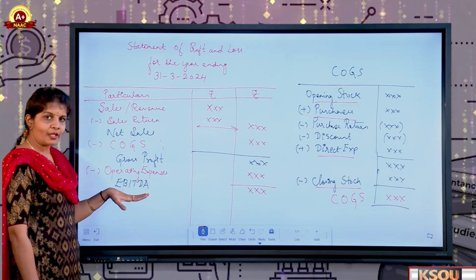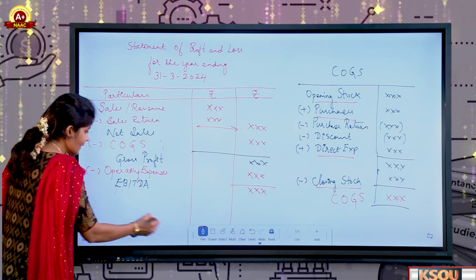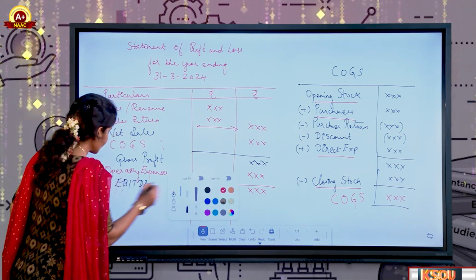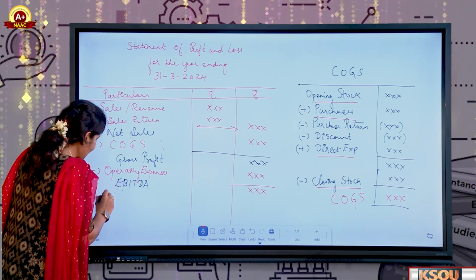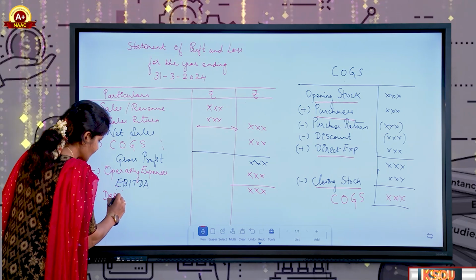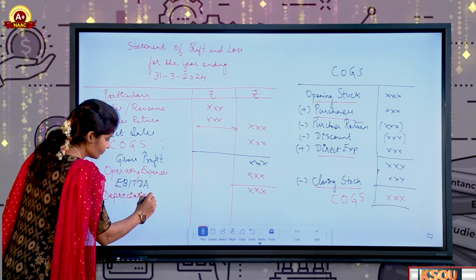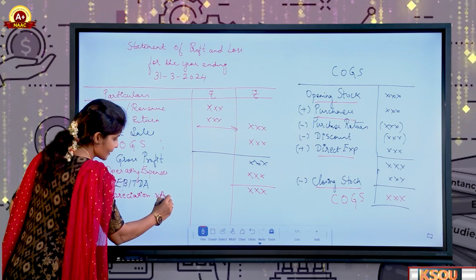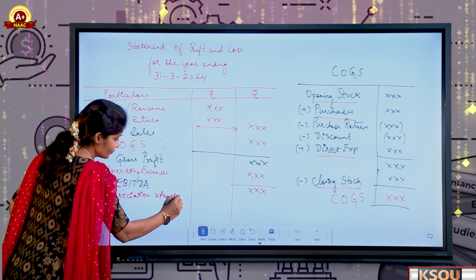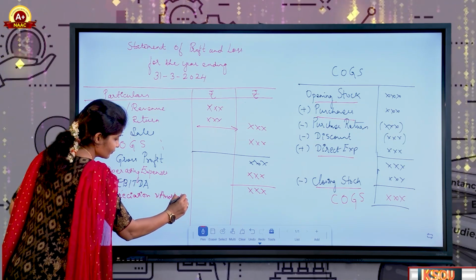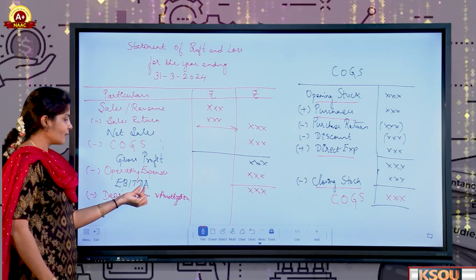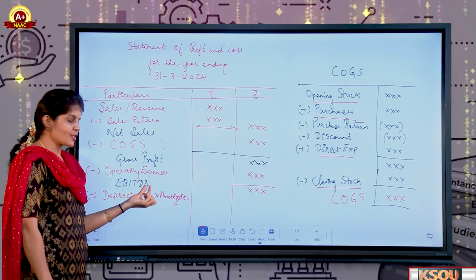So we have arrived at EBITDA. Now let us deduct depreciation and amortization first. D and A is nothing but depreciation and amortization.